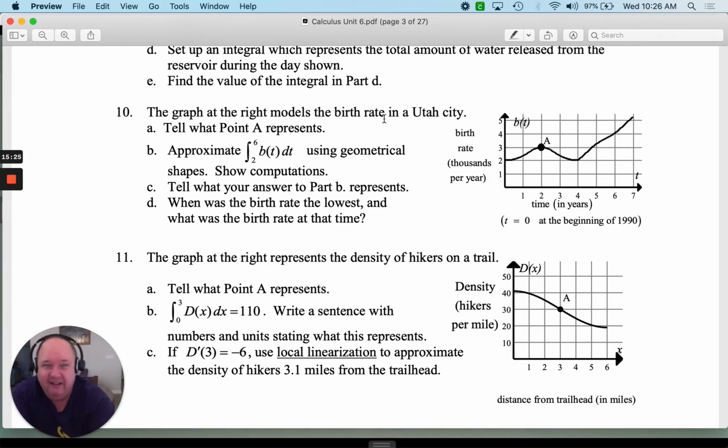So it's a derivative graph, so I need to be aware of that when I look at it. So it says, tell what point A represents. Where's point A? Okay, so let's look at the first axis. 2 is time in years, and 0 is 1990. So A would be 1992. So in 1992, that's a good way to start the sentence.